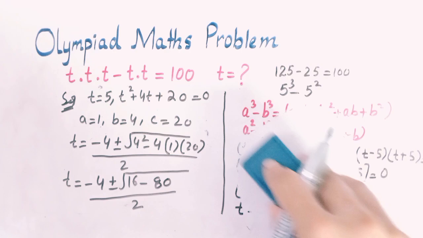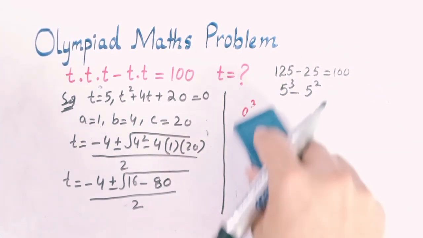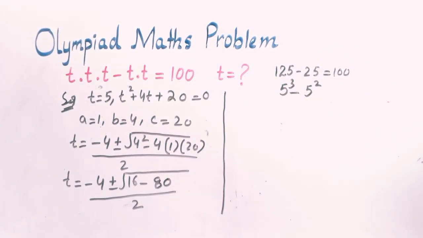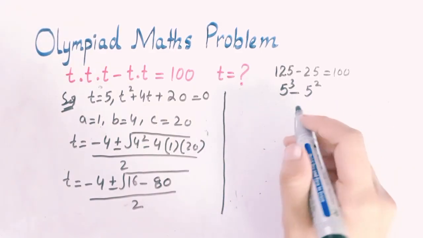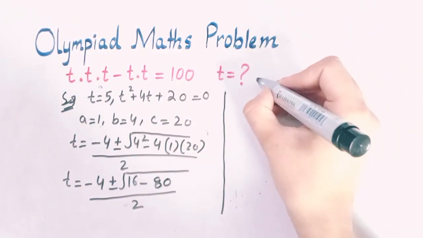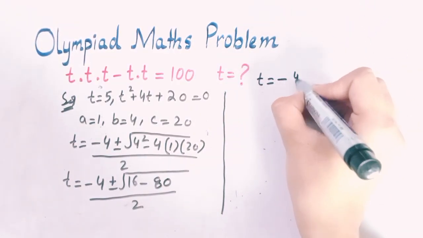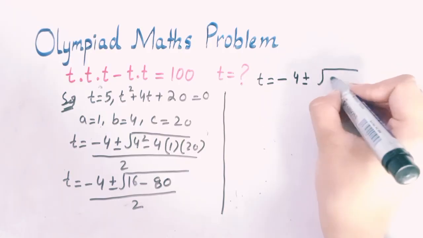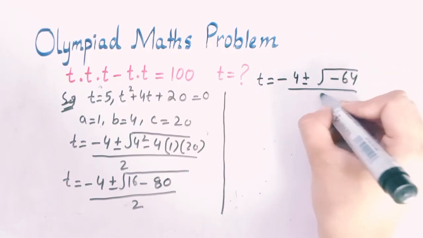So what will it become? 80 minus 16 is 64. So we will write t equals minus 4 plus minus root of minus 64 divided by 2.